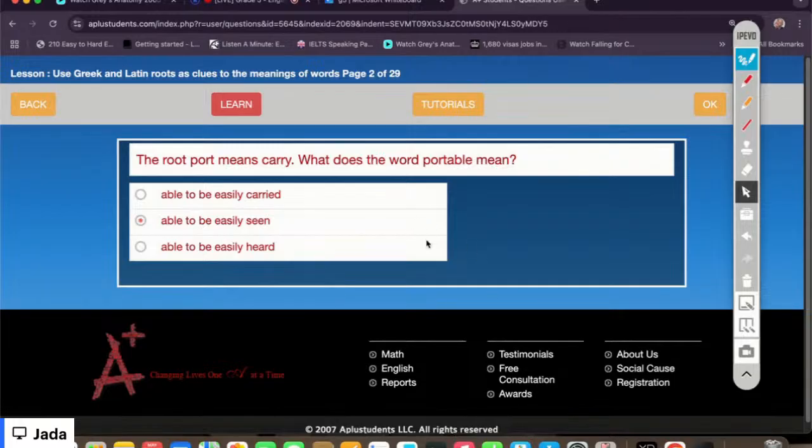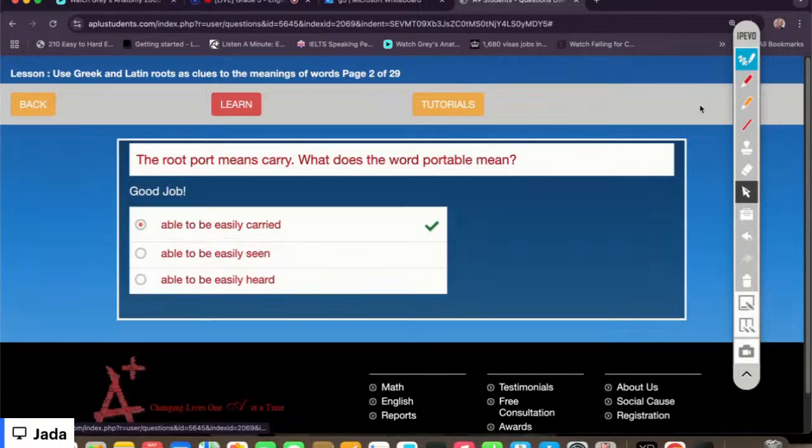So we have option one. So able to be easily carried.